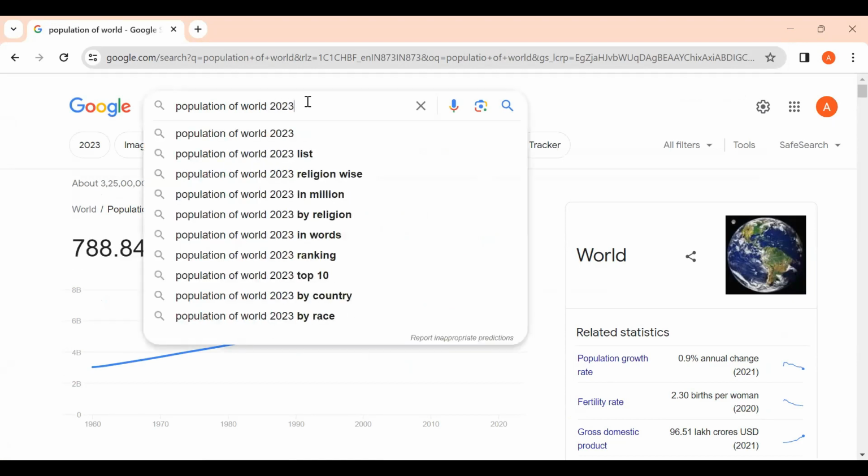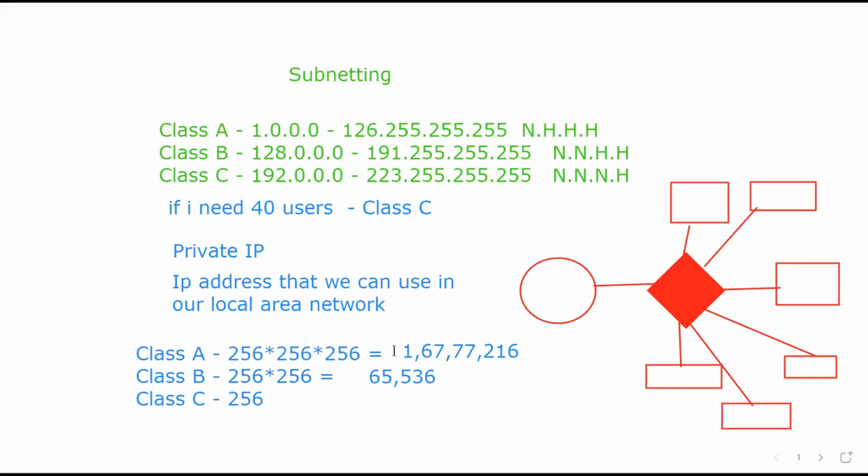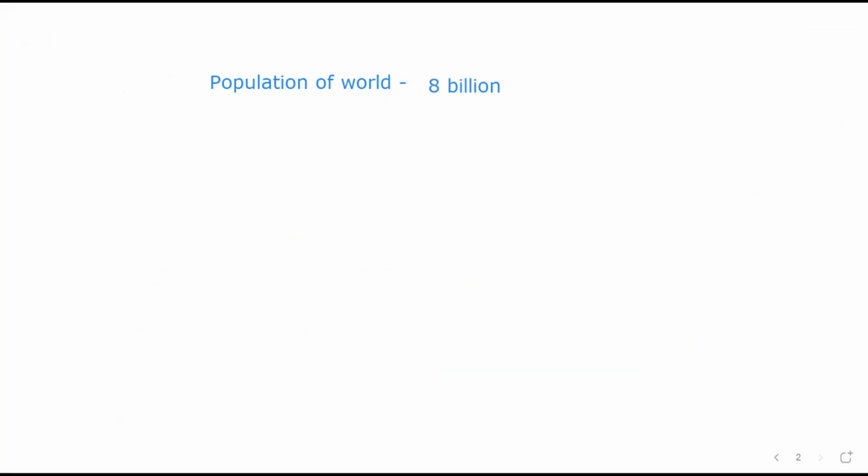Let me write. 8 billion. So the population is 8 billion, and each person has multiple devices, right? Some have a phone, some have other things, right? So 8 billion is this much, and the IPs cannot be assigned to all the users. No? So we need the private IP, right?